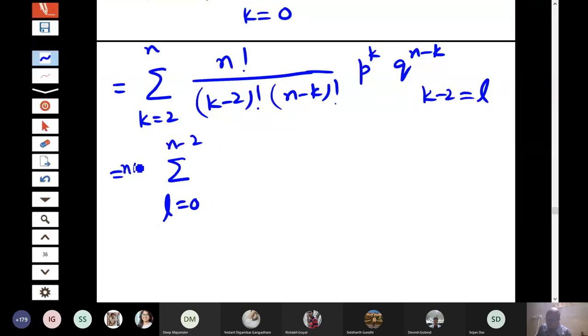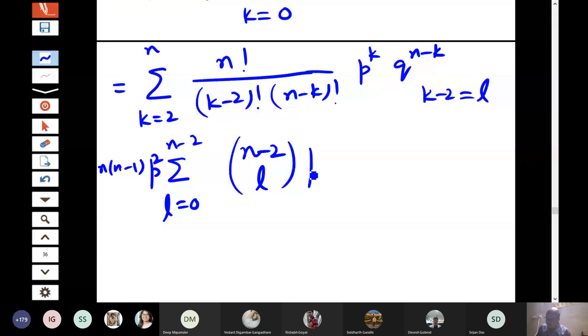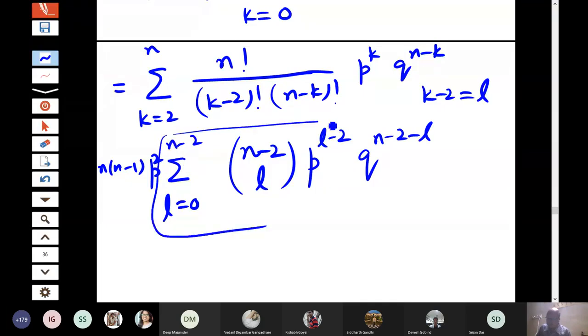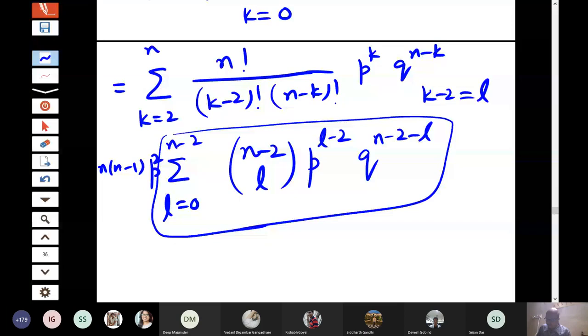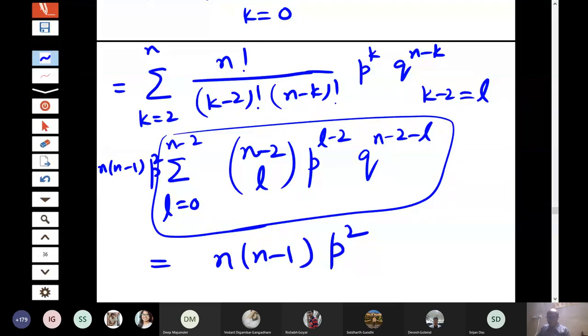I will take out n into (n minus 1) p square, and then this is nothing but (n minus 2)CL, p to the power L, q to the power n minus 2 minus L. Again this sum is equal to 1. So you are getting n into (n minus 1) p square.